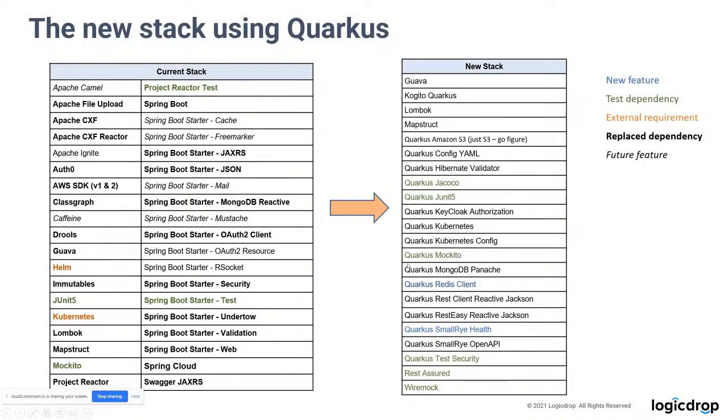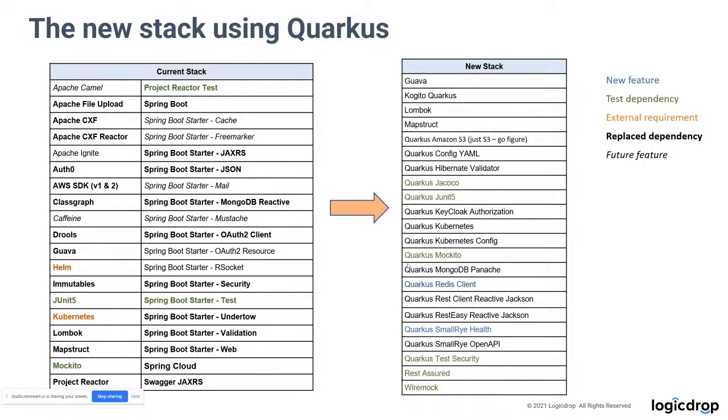So I see you have CXF listed on the left side. And you say it's replaced. What did you replace it with? So we use CXF instead of pulling in Spring Web Flux, which brought in Netty and also forced you into, at the time, using the Spring controllers to be able to properly use the mono or Flux for reactive.